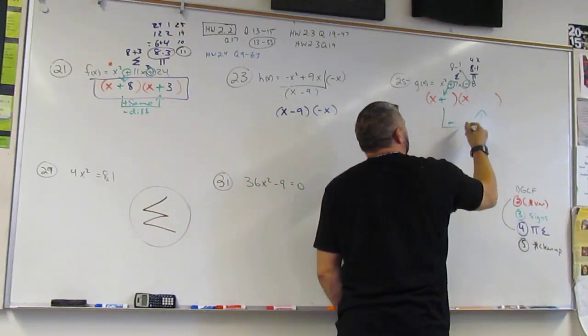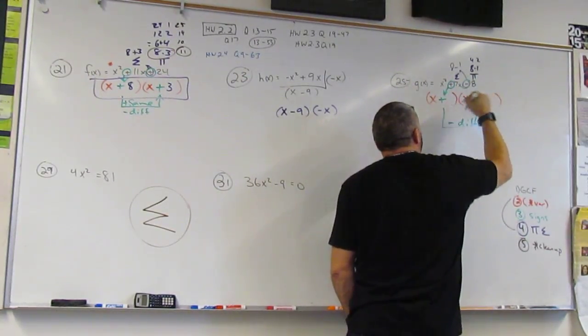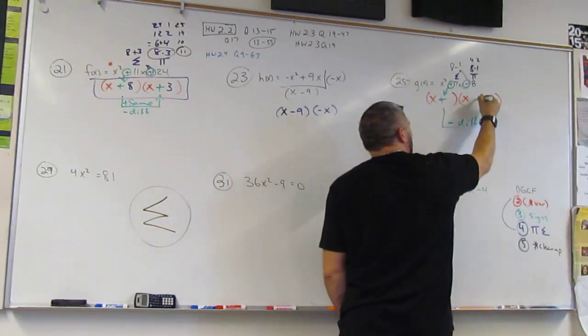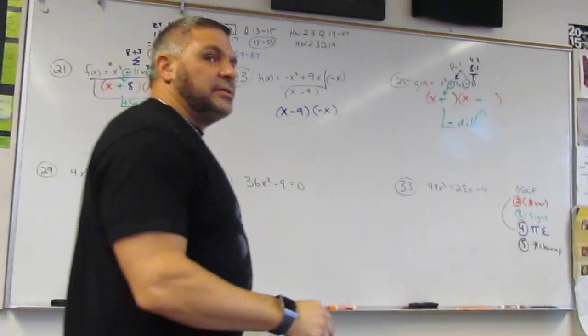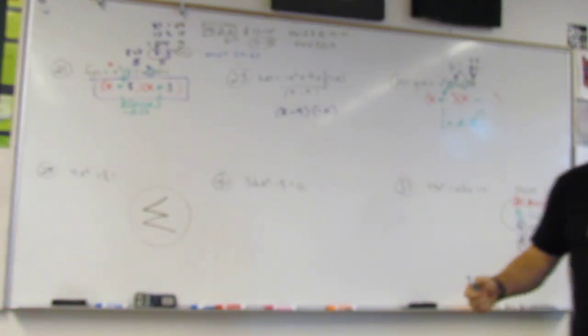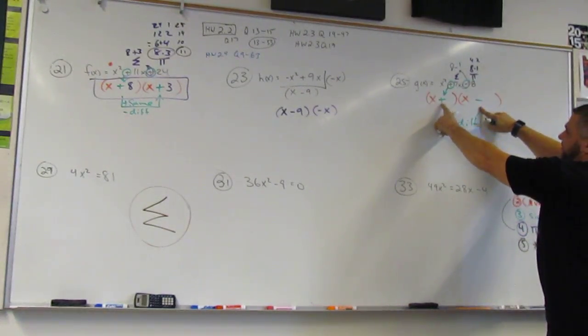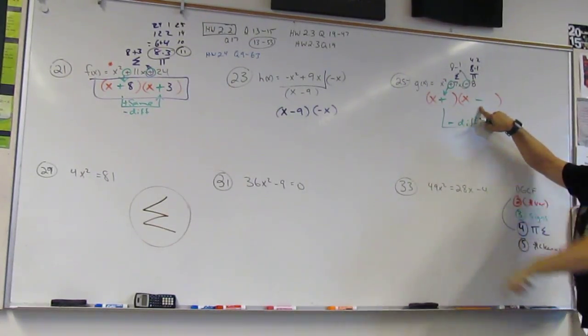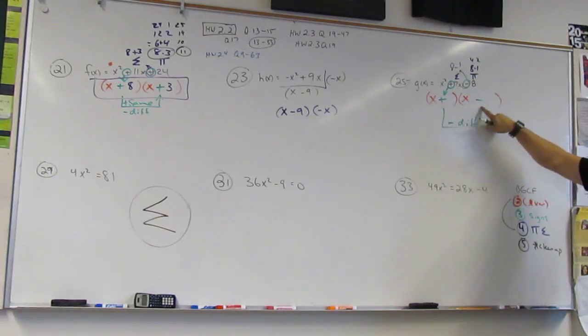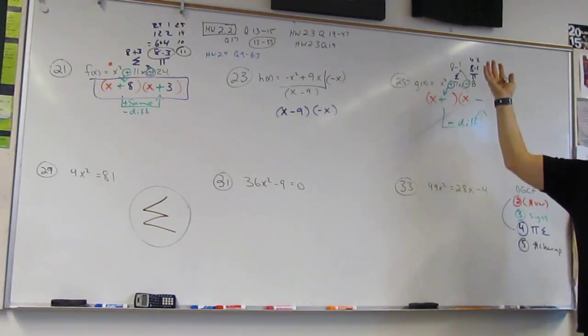What does a minus sign tell me? Different. So what's different than plus? Minus. So this is where it gets confusing, but try to keep it simple. What's different than the first sign? It's different, so it's minus. That's it.